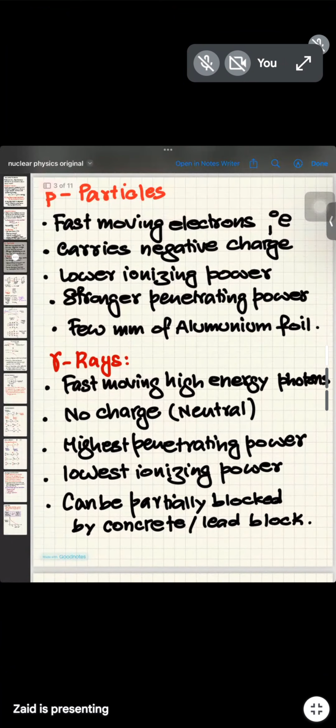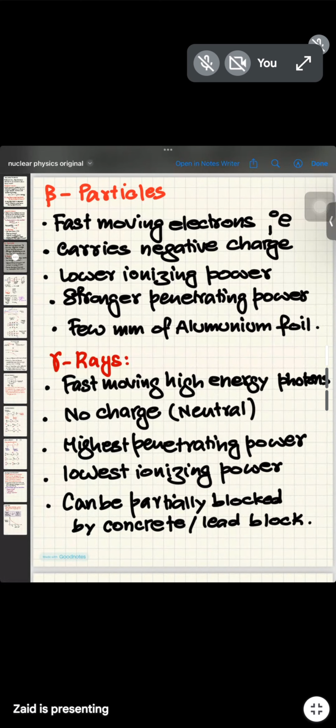Okay, so beta particles are fast moving electrons. If a beta particle is emitted from something, one electron comes out only. Beta particles are of two types, Inshallah, you're going to study this in your A levels. For the time being, you just need to remember that beta particles are fast moving electrons.